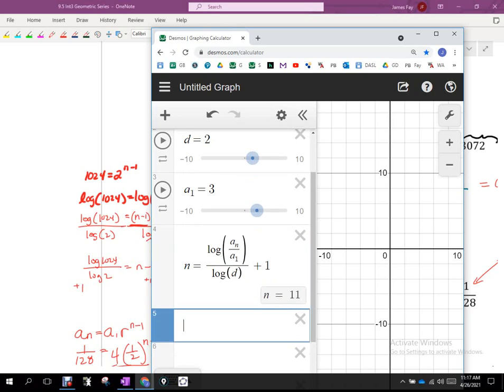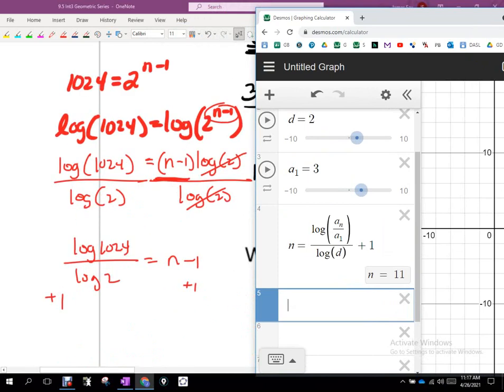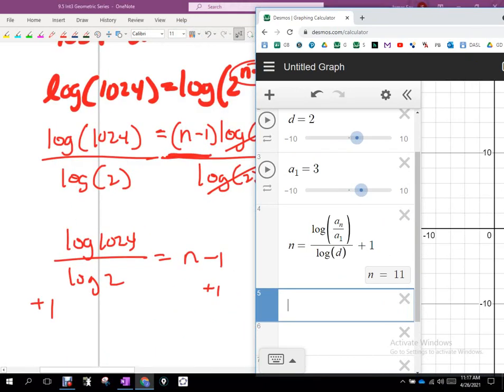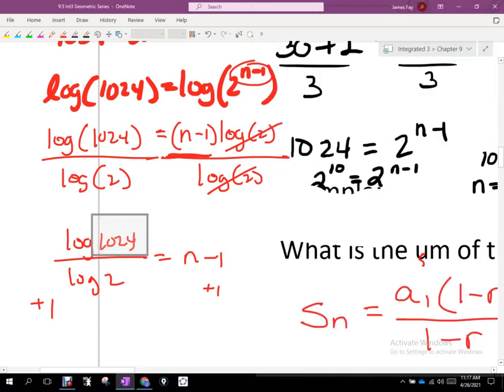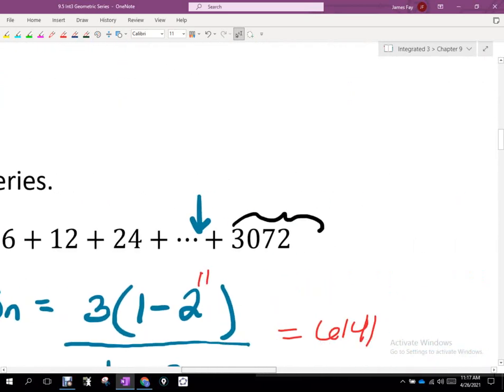All right, so what I'm trying to show you here is that this formula, or this expression that we came up with on Thursday, that number was always found by taking your last term in the sequence that you're going to try to figure out its position, and you divide it by the first term. Okay? So if we look at the first term was 3, and the last term was 3072.